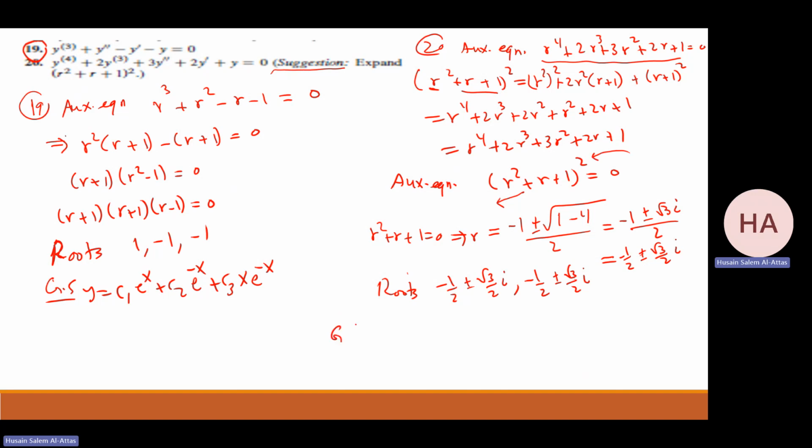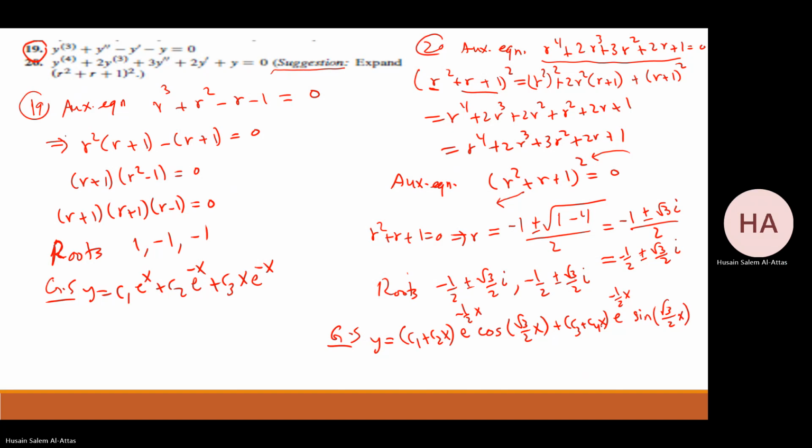So the general solution is y equals (c1 plus c2 x) e to the minus half x cosine of root 3 over 2 x, plus (c3 plus c4 x) e to the minus half x sine of root 3 over 2 x. That will be my general solution.